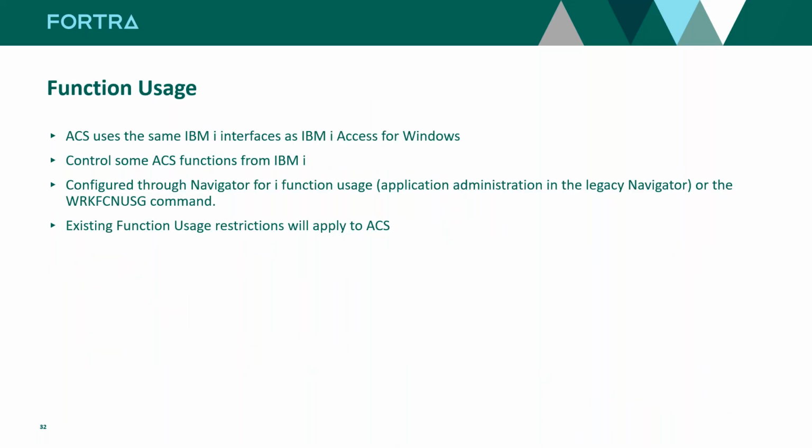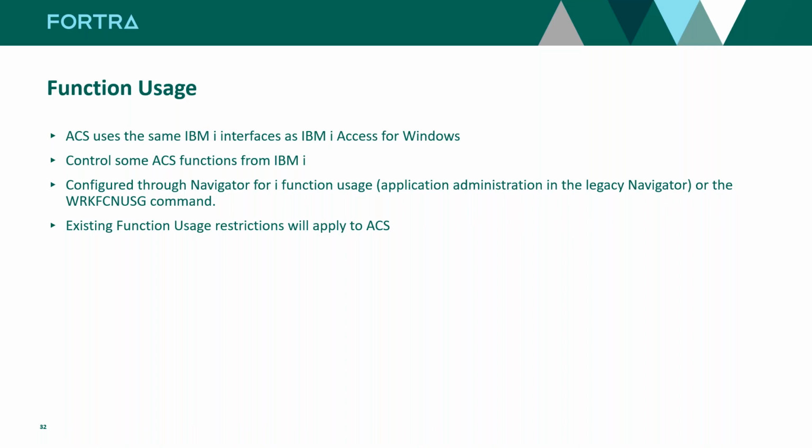Coming out in the new Navigator, it is all about function usage. So whether it's in the old application administrator or function usage, the controls in there that control the client functions apply to ACS exactly the same.